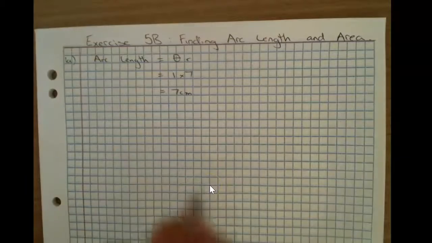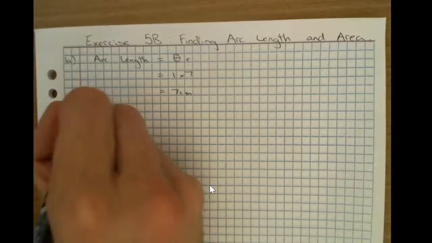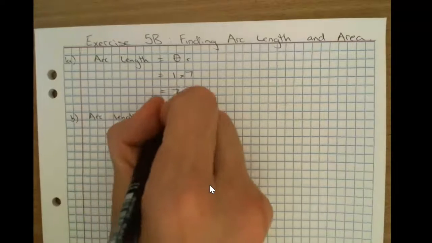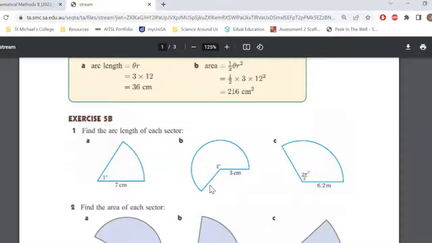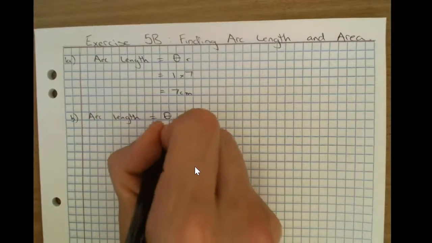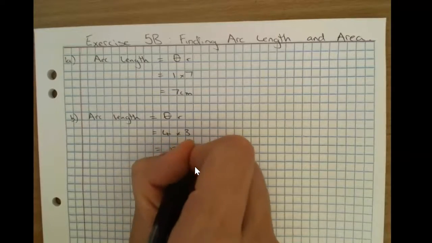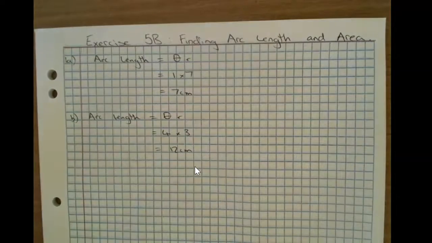Okay, let's have a look at B. So arc length is equal to theta times r, and we've got 4 radians, and the radius is 3 centimeters, so that means that this 3 centimeters is going to fit around this arc length 4 times. So it's simply going to be our angle, 4 radians, times our radius, which is 3, which is 12 centimeters.